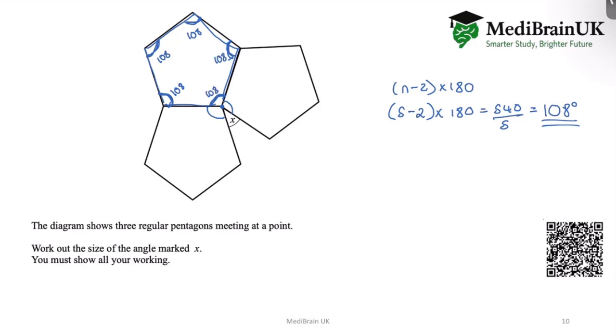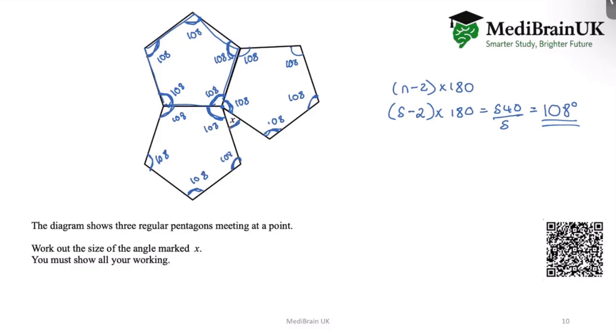And this goes for all the angles in every pentagon. This is a pentagon as well, just a different pentagon. Even over here, all the angles are going to be 108 degrees. And even in this pentagon, all the angles are going to be 108 degrees. So 108, 108, 108, 108, and 108.